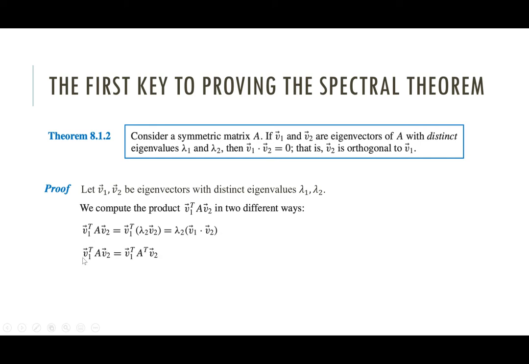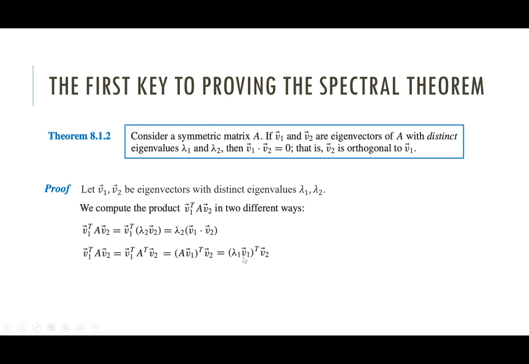And now let's compute this a slightly different way, where now we are going to group v1 transpose with A, and then, since A is symmetric, A is equal to A transpose. And then using the property that the transpose of a product is equal to the product of the transposes in flipped order, this is equal to A v1, that whole quantity transposed, times v2.